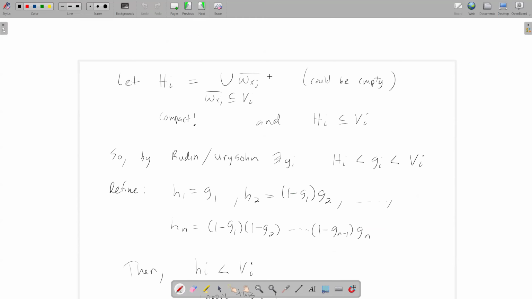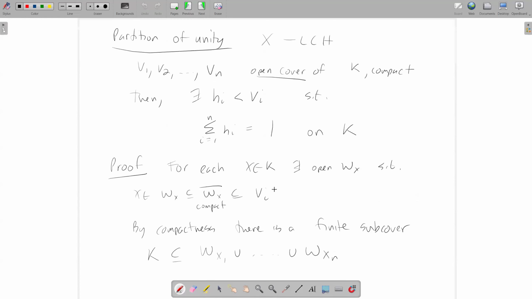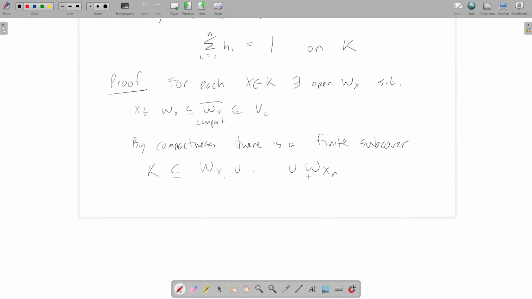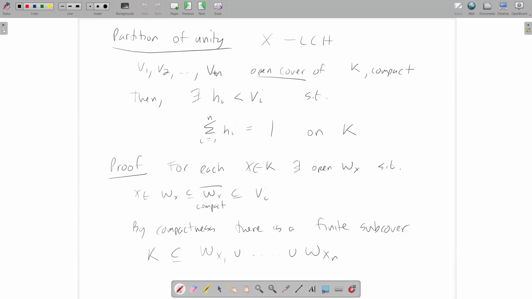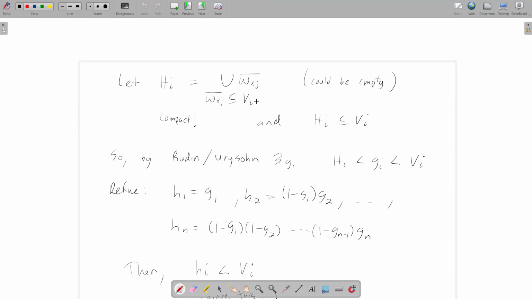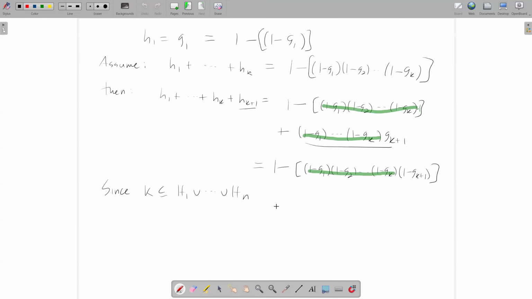We know that the W's cover K, and each W is contained in some Vi. As long as we account for all the Vi's, we will contain every point of K. So K is a subset of the union of the Hi's.